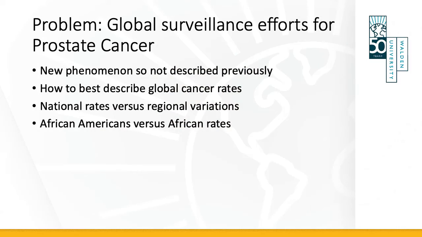And so national rates versus regional rates was another way that we decided we were going to be illustrating these differences. And also, another interesting pattern that we were looking in our data and found in the literature was the fact that the rates of prostate cancer of individuals living within Africa were actually lower than the rates of prostate cancer among African Americans.